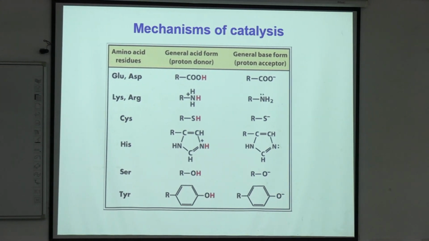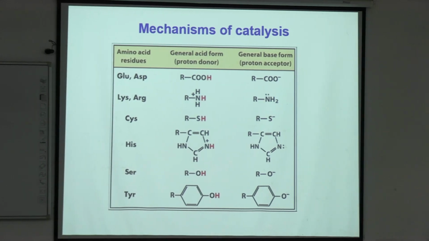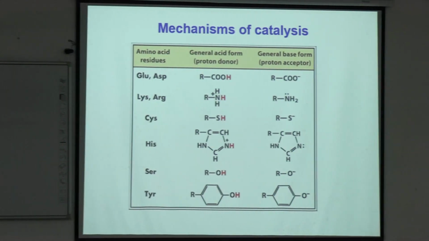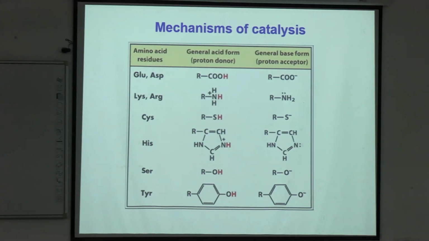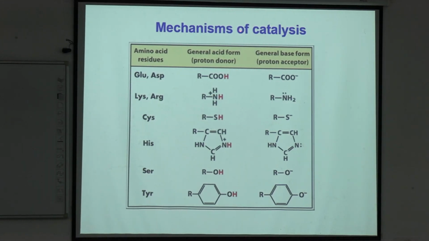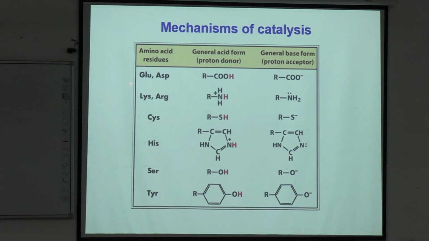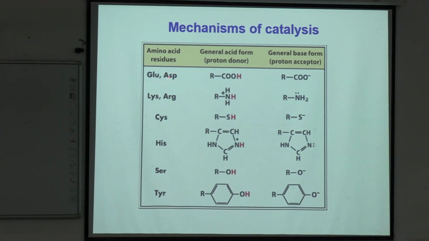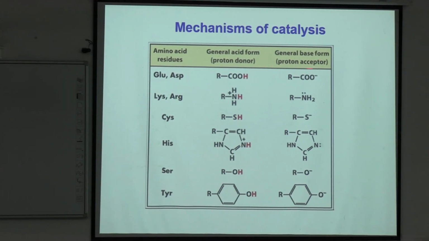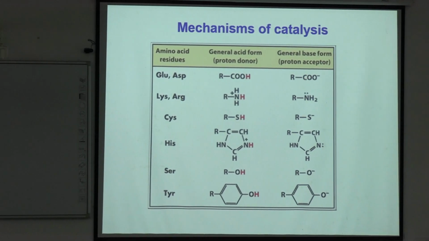Here are some amino acid residues which can donate H plus ion and which can accept H plus ion. If you find glutamate or aspartate in the active site, that means in this form it is a proton donor, and in this form it is a proton acceptor.